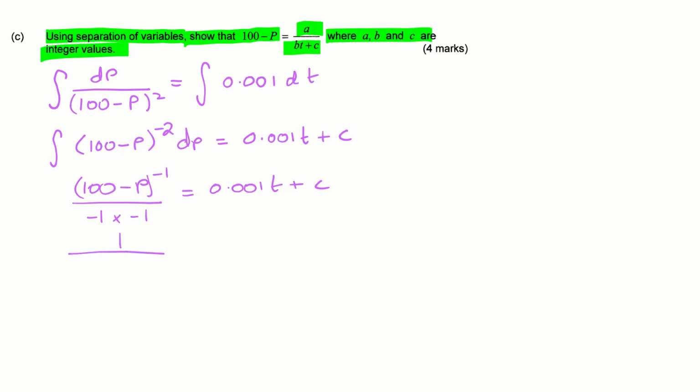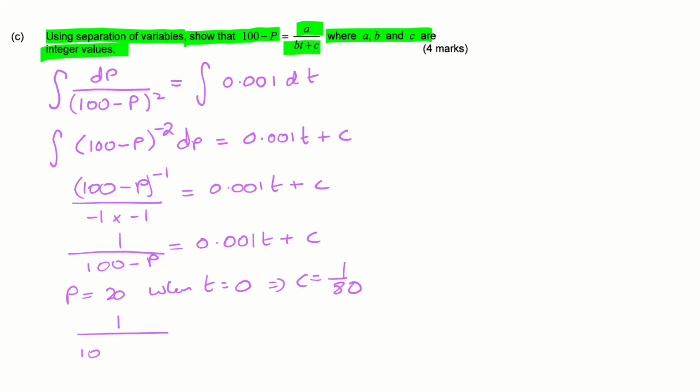So 1 over (100 - p) is 0.001t plus c. p is equal to 20 when t equals 0, gives us that c is 1/80. So we can write 1 over (100 - p) is equal to 0.001t plus 1/80.